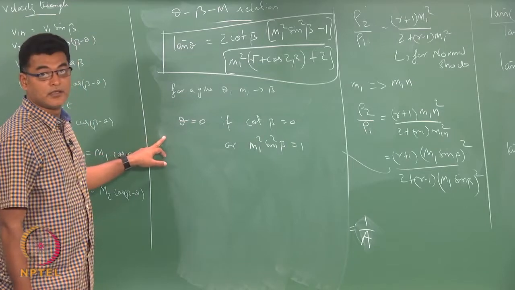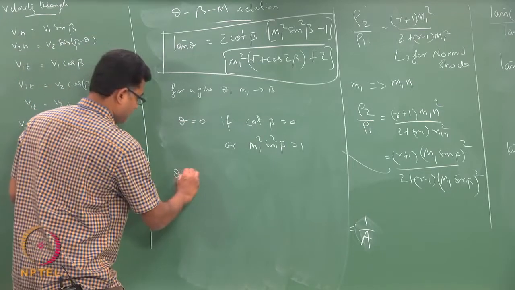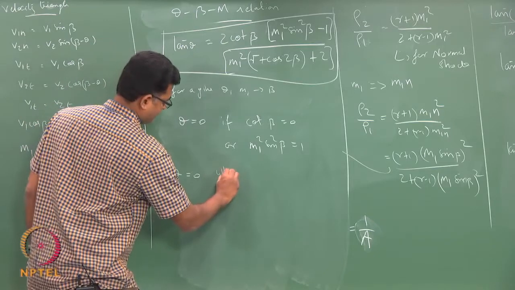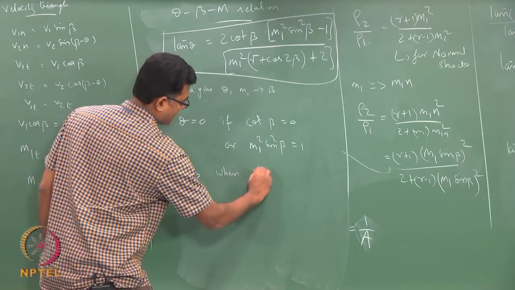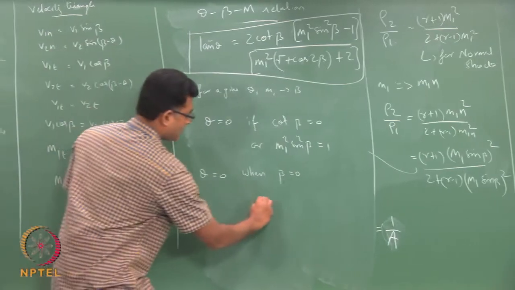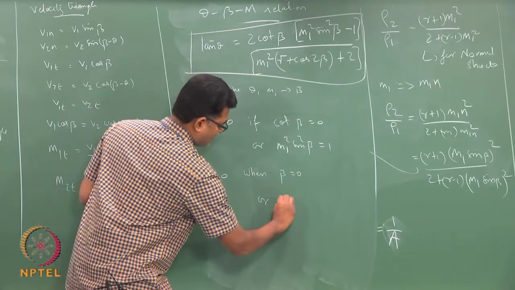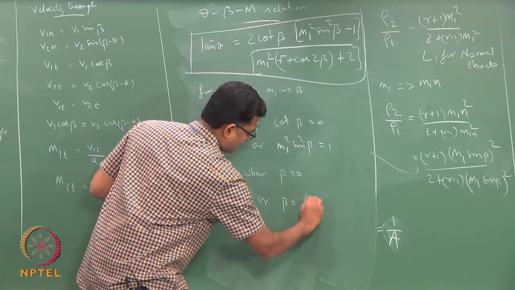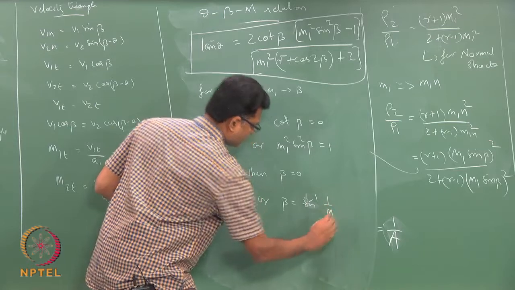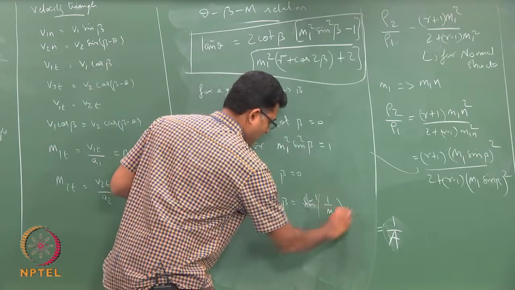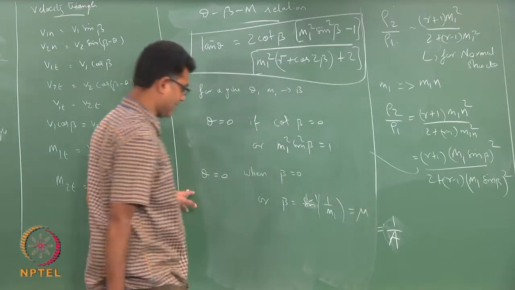Or your theta is 0 when beta is 0 or your beta is sin inverse 1 by m1, which is also your Mach angle.